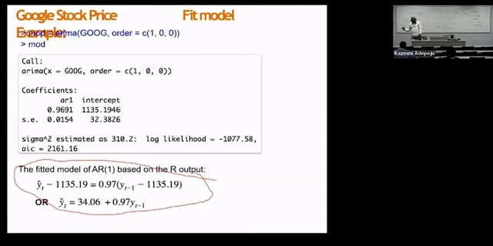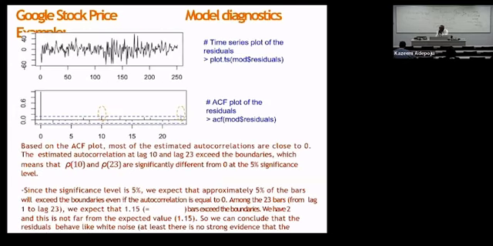Why are we building a model for Google price? Because we'll use this model to make a prediction. Don't forget the price changes, right? There's a lot of volatility in the market. But before I use this to make a prediction, I need to first investigate whether this is a valid model. Now, if I want to investigate, what am I going to do first?